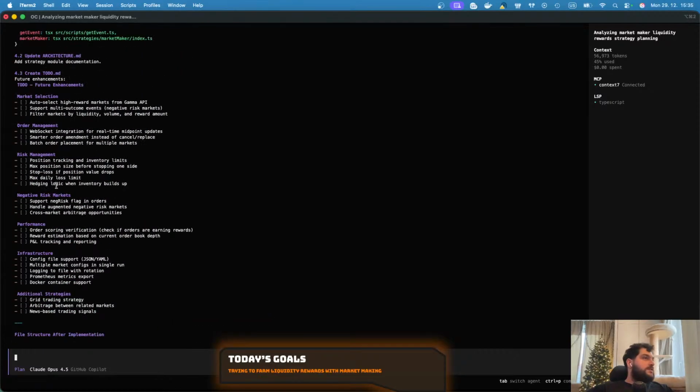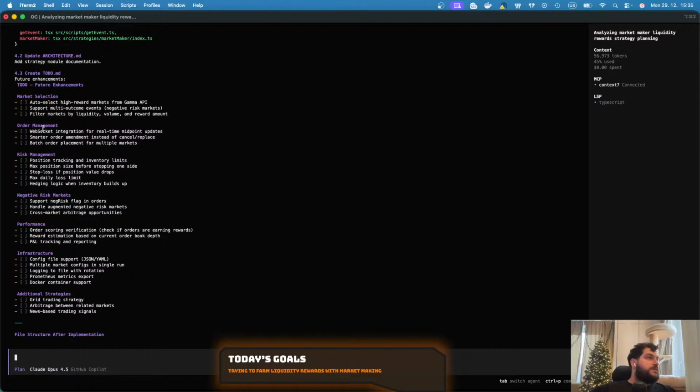I really wonder what's in the to-do for later, because this is what we are gonna be actively implementing later. So market selection: auto select high reward markets from Gamma API, support multi-outcome events, filter markets by liquidity, WebSocket integration, smarter order amendment instead of cancel-replace, batch order placement for multiple markets.